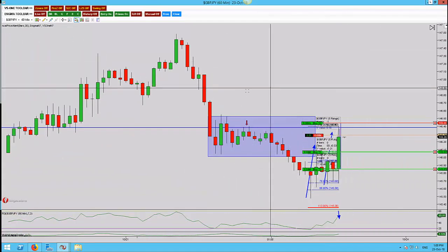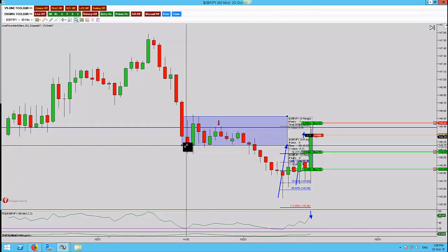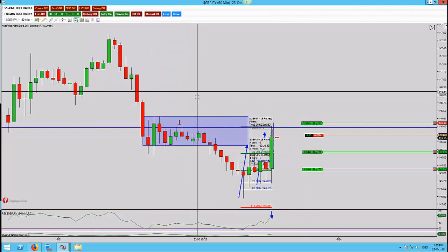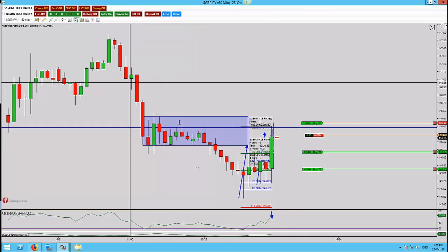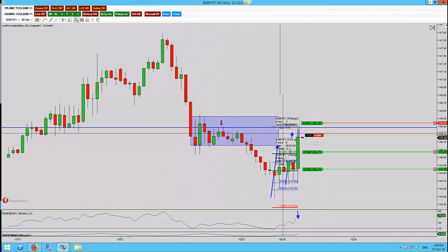So I was actually looking for an area to get short anyway for continuation to the downside. However, because of the structure level here, I'm not going to be doing that using the 5 range. So the trade setup just isn't good enough for me to do that.